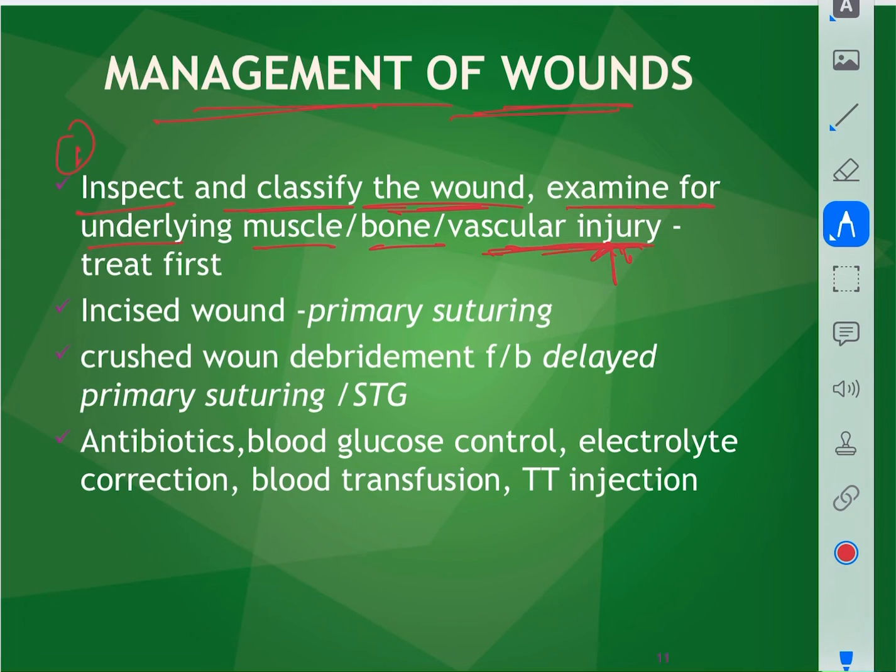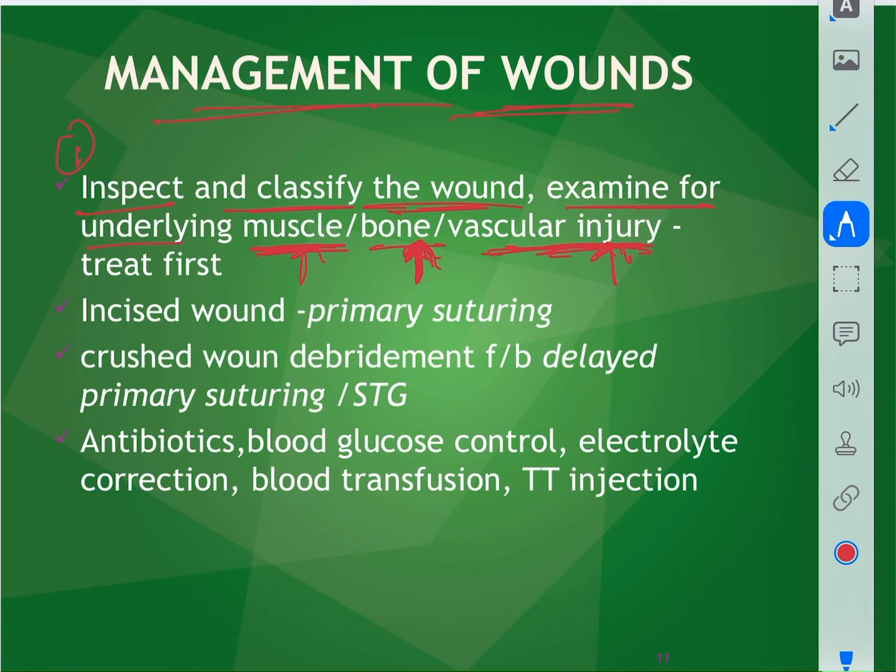Vascular injury would definitely be life threatening or limb threatening otherwise. Bone fractures, if you don't heal the underlying bone, then superficial wounds will never heal. Muscles also, if the muscle is necrosed and you do not debride it, the superficial wound will never heal, right? That's why it's important.